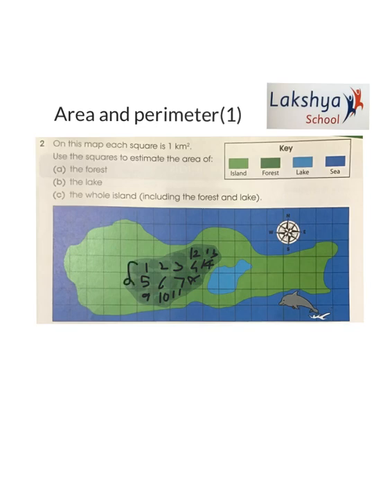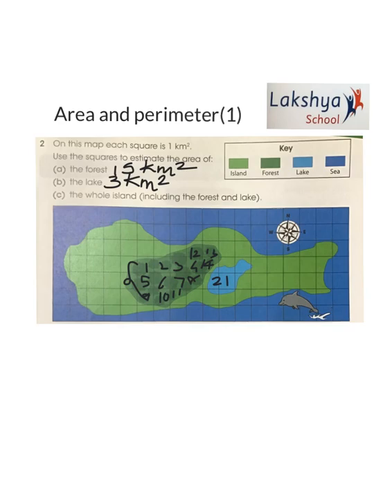Combining all these would be 15 kilometer square approximately. Now the lake is shaded in blue color, which is this part. So let's find the area. It is 1, 2 and approximately 3 kilometer square.